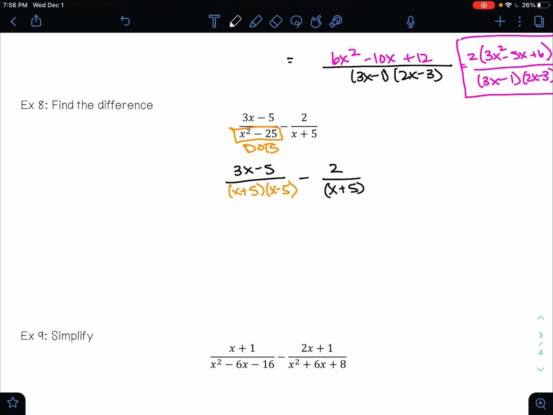Now that I have everything factored, I can go ahead and find my least common denominator. My least common denominator is going to be x plus 5 times x minus 5.